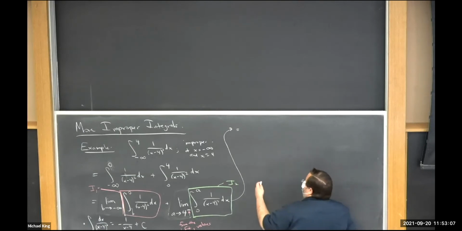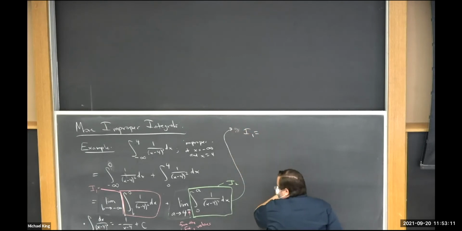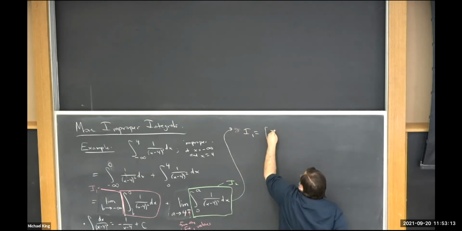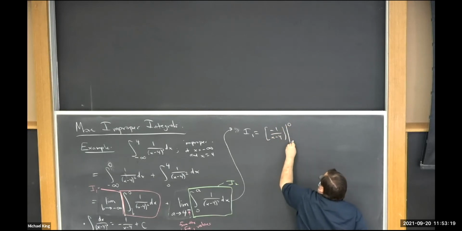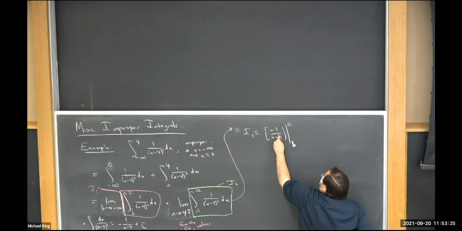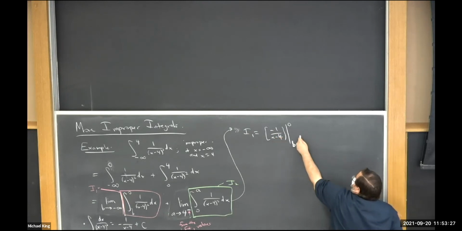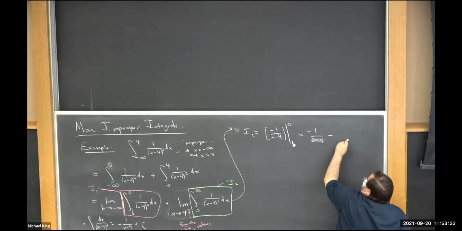So let me just say this. I1 is negative 1 over x minus 4 from b to 0. Also, my b's really do look like 6s a lot of times, so we'll try not to pick the number 6. And again, you can be as pedantic about this as you want.